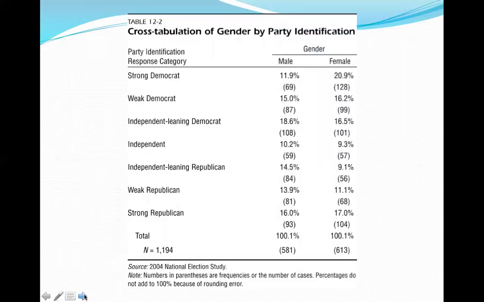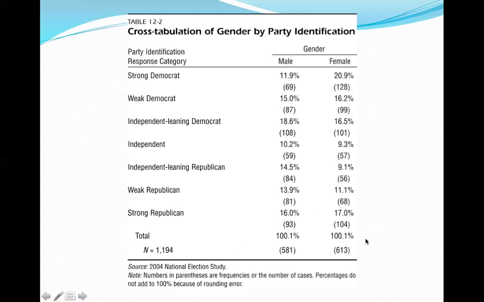So first of all, when reading a cross tabulation, the columns are always going to be the independent variable, and the rows are going to be the dependent variable. So our independent variable in this example is gender. And you'll notice the column totals for the independent variable are always going to equal 100%.